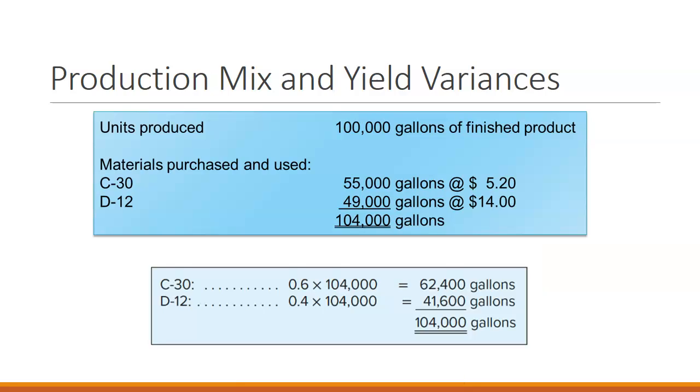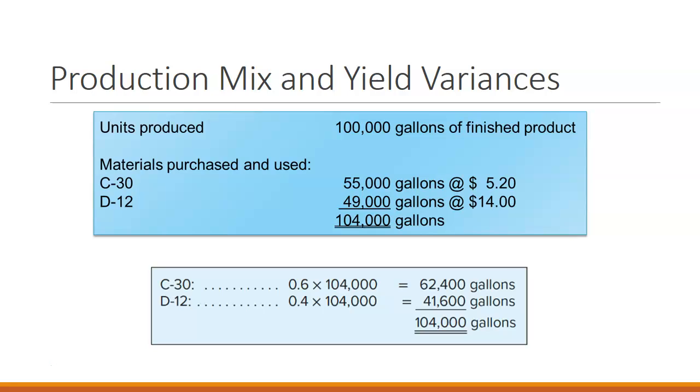So then we look at if we were going to produce 100,000 gallons of finished product, what materials would be used and purchased. Our actual results are in the blue box. We have 100,000 gallons of finished product. We actually used 55,000 gallons of C30 and 49,000 gallons of D12 to make 104,000 gallons.